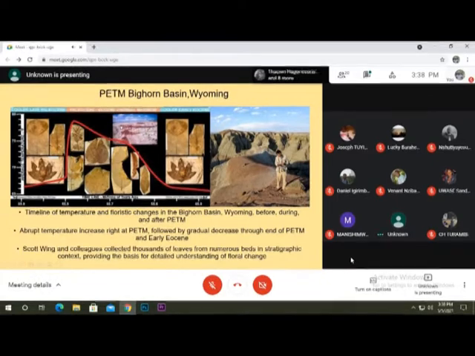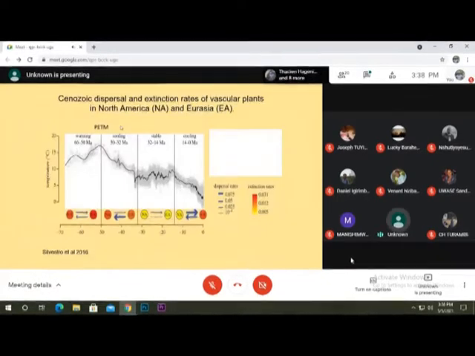Okay. The other thing is by knowing the different kinds of plants, where they appear, where they disappear, we look at things like dispersal and extinction. And so, for instance, during this period of time in warming, looking at comparison of floras, NA is North America, EA is Eastern Asia.